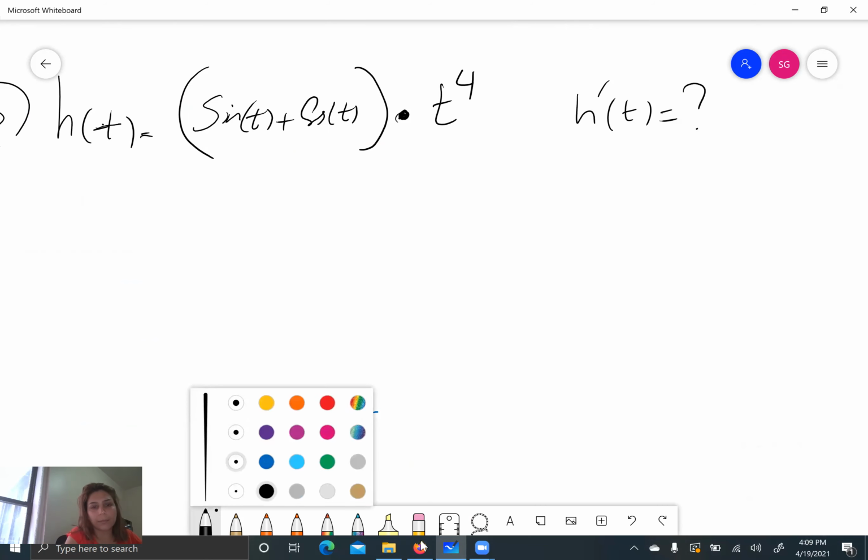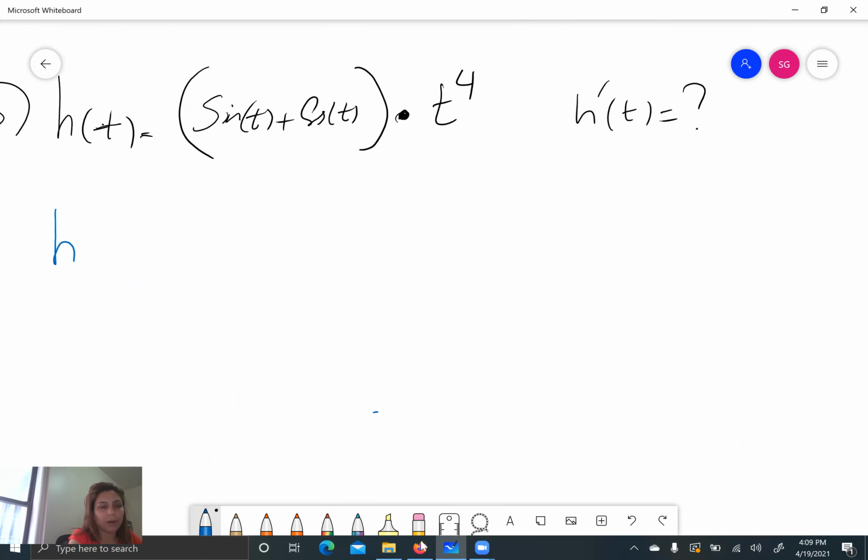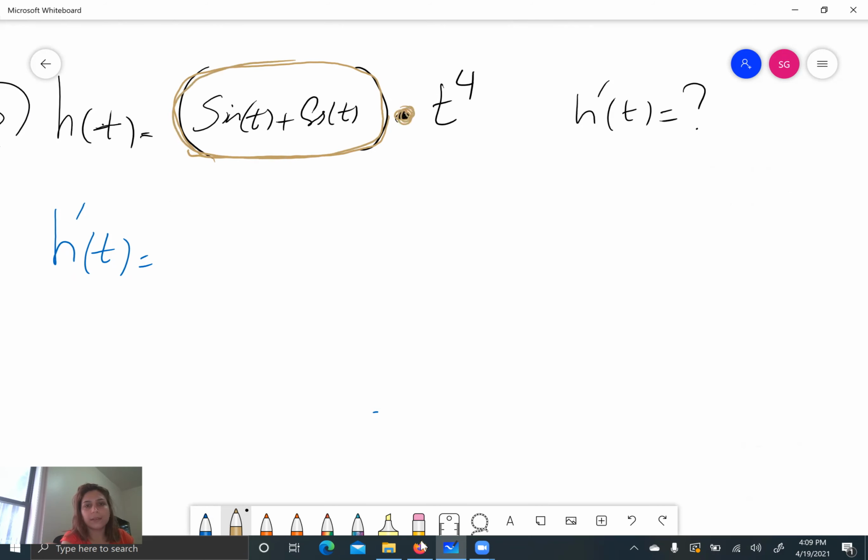Okay, look, I'm going to take the derivative of this function using the rules that we learned. So how can we describe function h? First, observe that h is this function, sine plus cosine, times this function.